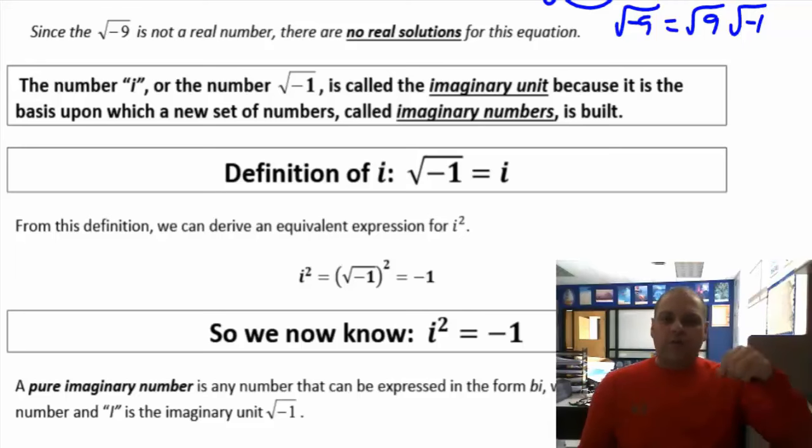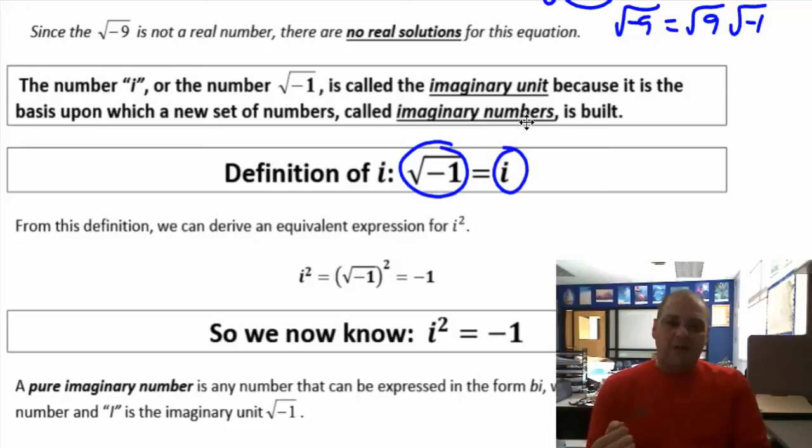So instead of writing the square root of negative 1 throughout all these situations, mathematicians a long time ago came up with a letter. It's actually a constant, more like a symbol, that represents the square root of negative 1. The square root of negative 1 is going to be represented by the letter i, okay?